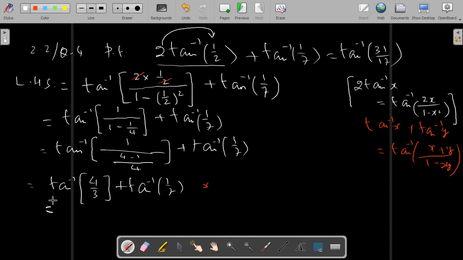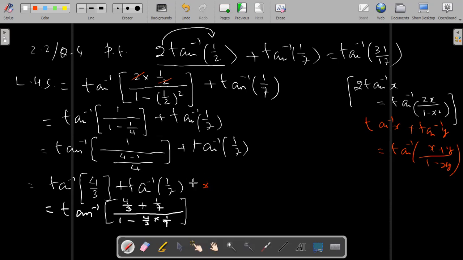So we get tan inverse of x plus y, meaning 4 by 3 plus 1 by 7, divided by 1 minus 4 by 3 into 1 by 7.